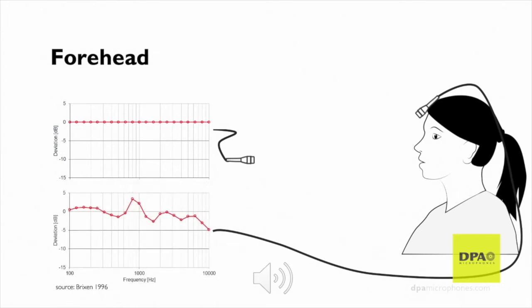We then place a microphone on the forehead and we measure the difference between the 1 meter away and the forehead position. And that's the graph that we see here. That's not the absolute frequency response of a person speaking, but the difference between 1 meter away and the forehead. We have taken all the level differences out of the equation, so we are only talking about the frequency differences.